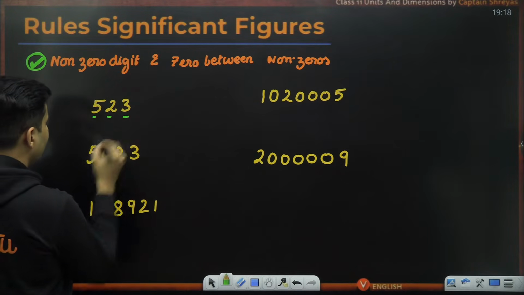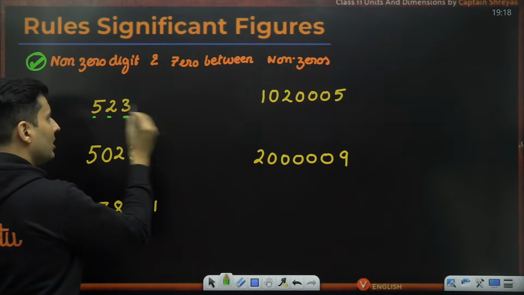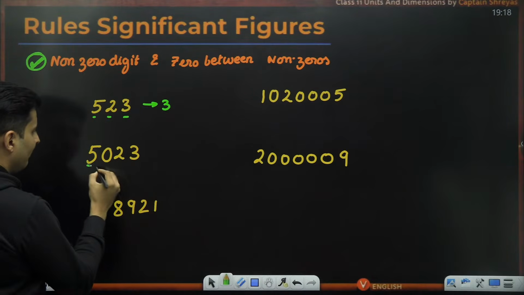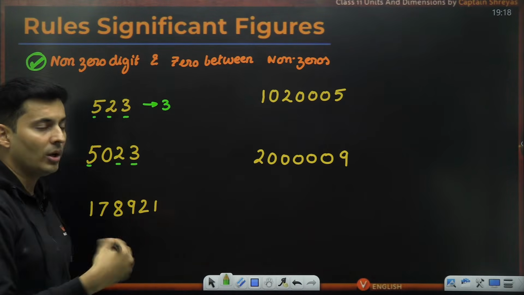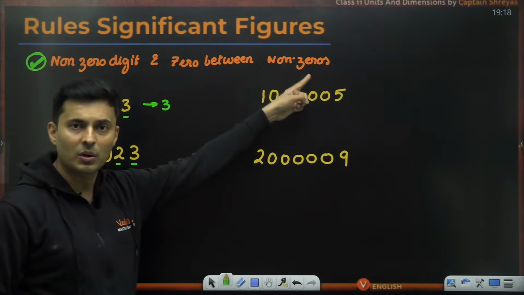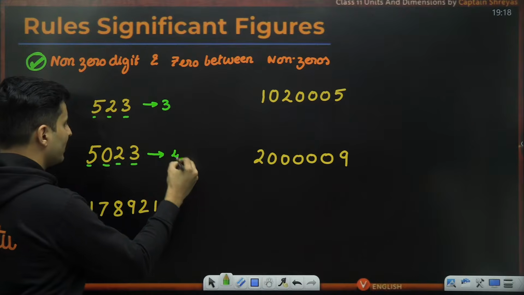In 523, 5, 2, and 3 are all non-zeros. They are all counted as significant. So this has three significant figures. But in 5023, the 0 is trapped between two non-zeros, so that also becomes significant. So this has four significant digits.